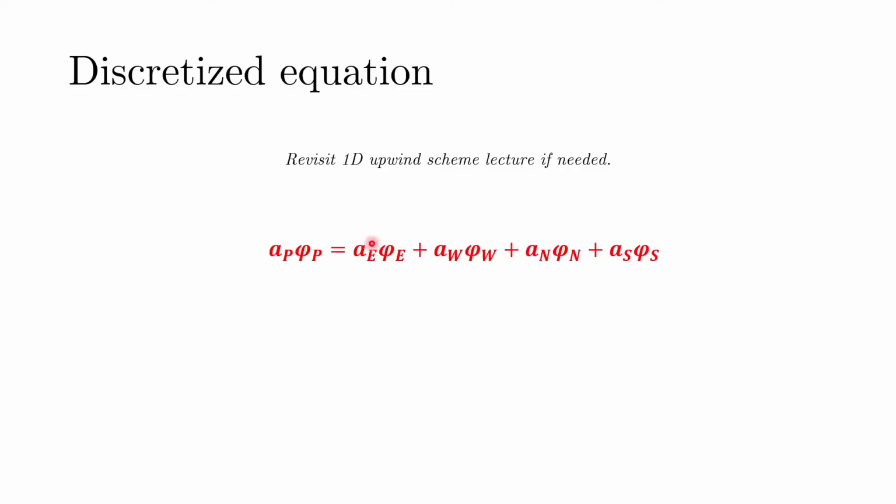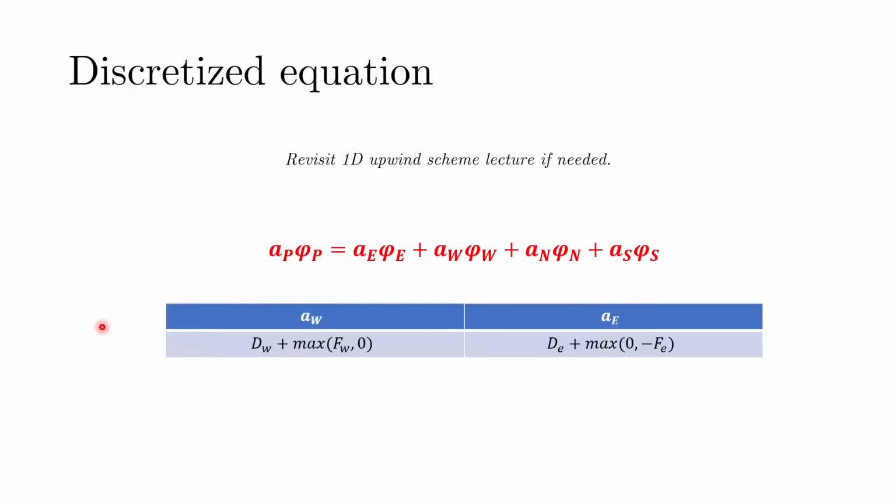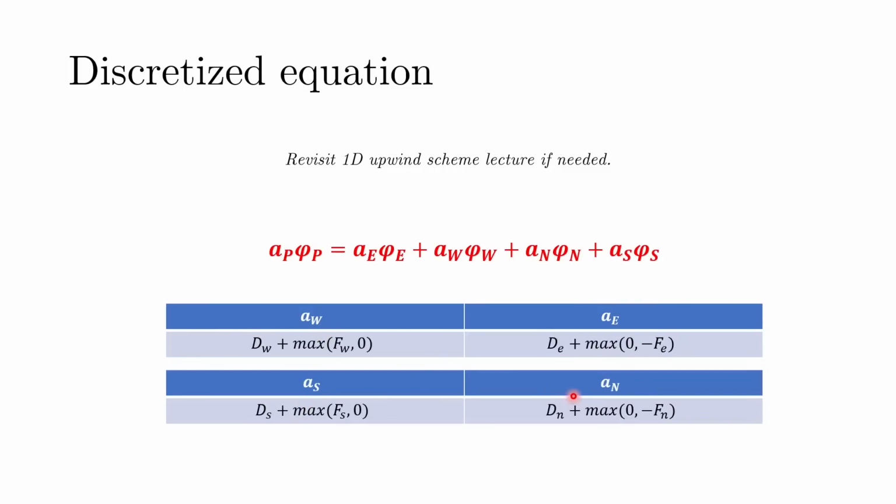The final form can always be expressed as AP phi P equals AE phi E plus AW phi W plus AN phi N plus AS phi S. Here, if you remember from the 1D system, we have AW and AE appearing in this form, and taking inspiration from there, you can similarly write AS and AN. Remember, AE is the forward point lying in the positive direction, and AW was the point lying in the negative direction with respect to P.